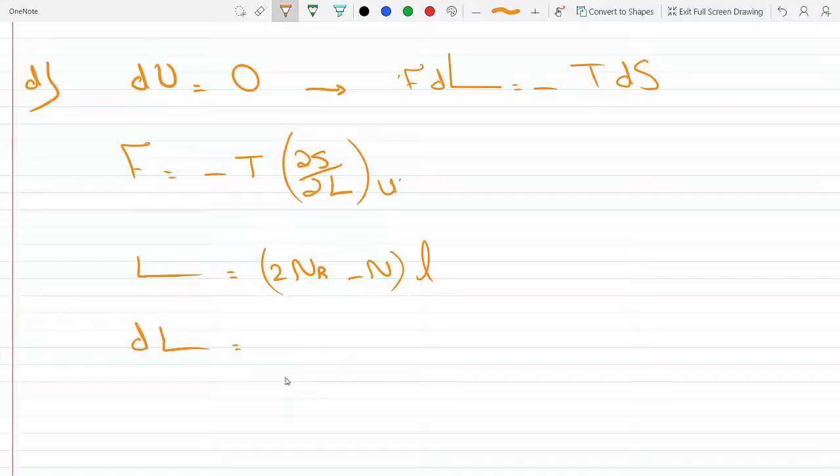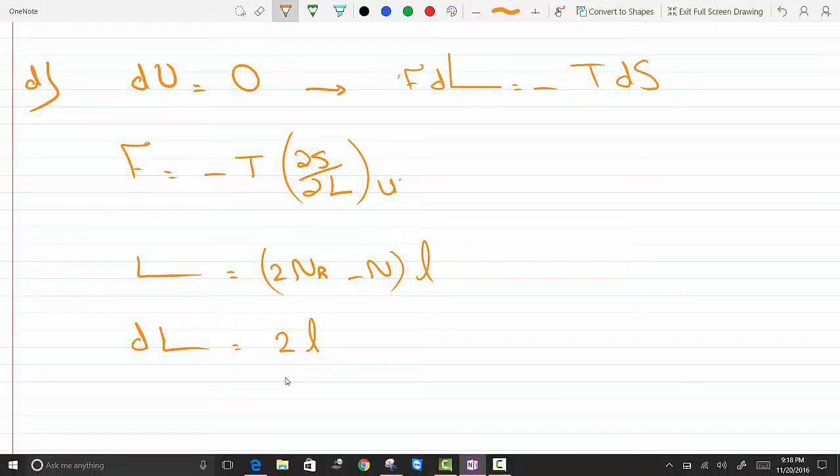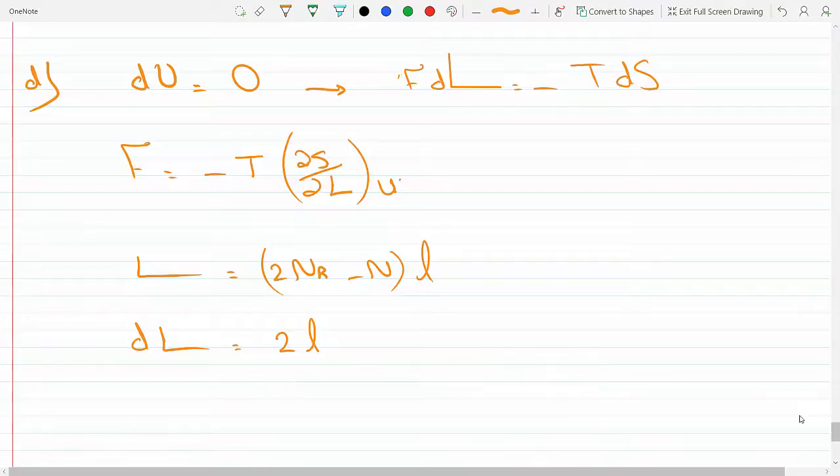I know that n remains fixed, and so this will just give me 2l times the partial derivative of nr with respect to L.